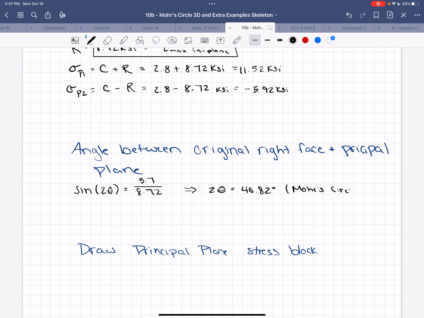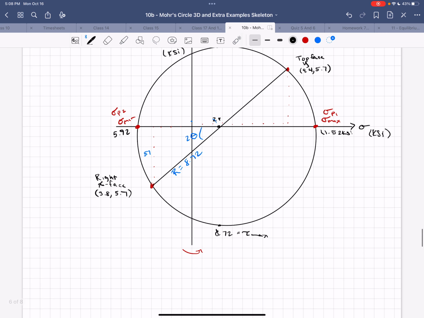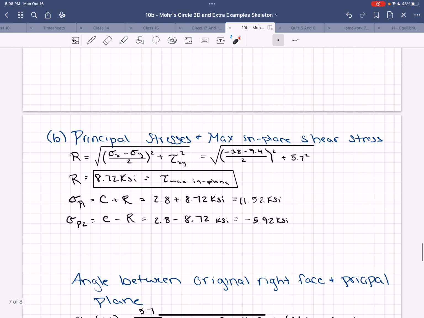That means in real life, theta equals 40.82 divided by 2. So we're going to rotate 20.41 degrees in real life, and we have to pay attention to which way we're rotating. We're rotating from this point to this point. It's clockwise.